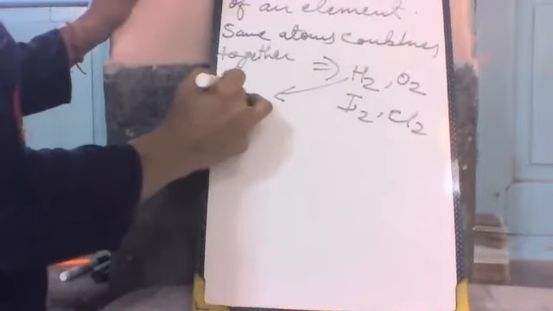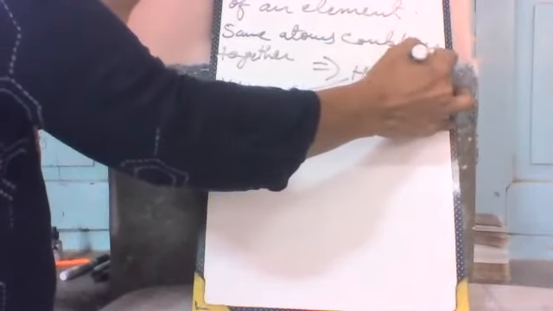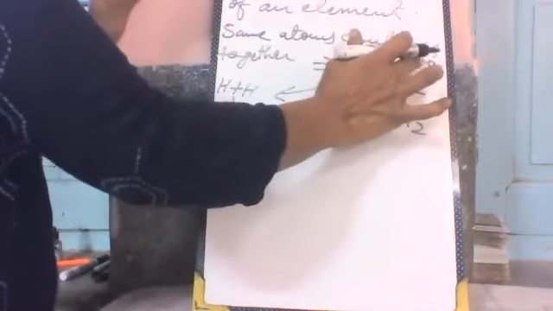It means this is having two atoms of hydrogen and forms H2. Here are two atoms of oxygen and form O2. So this is the way to represent the molecule of the same atoms combined together. This is known as homoatomicity, means same kinds of atoms they are having in its molecule.